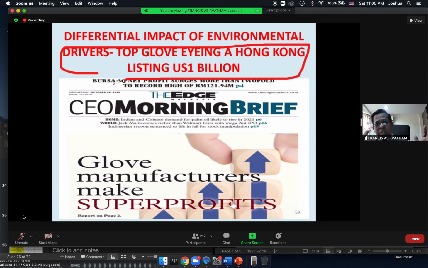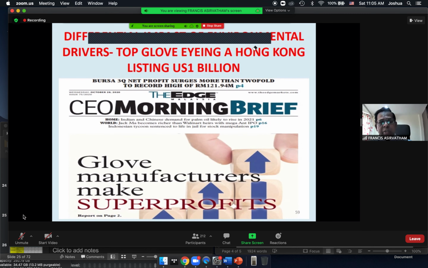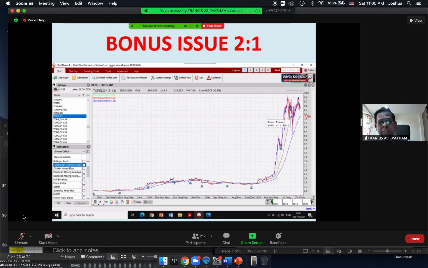So you can see when you're in the right environment, you move forward to grow, continuous growth. This is growth. The reason they need this money is for growth and expansion. At the same time, the company managed to give bonus. The share price was 20 over ringgit until they had to give free shares to bring down the share price so that it's still in a tradable condition.